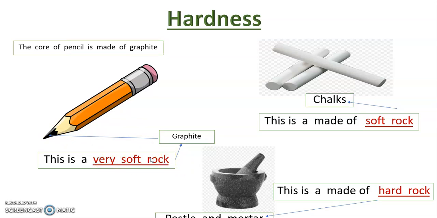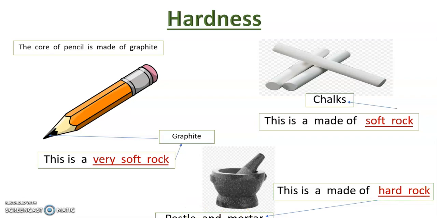That is the hardness of rocks. Different objects have different hardness. Again, graphite is very soft rock, chalk is made from soft rock, and number 3 is made of hard rock.